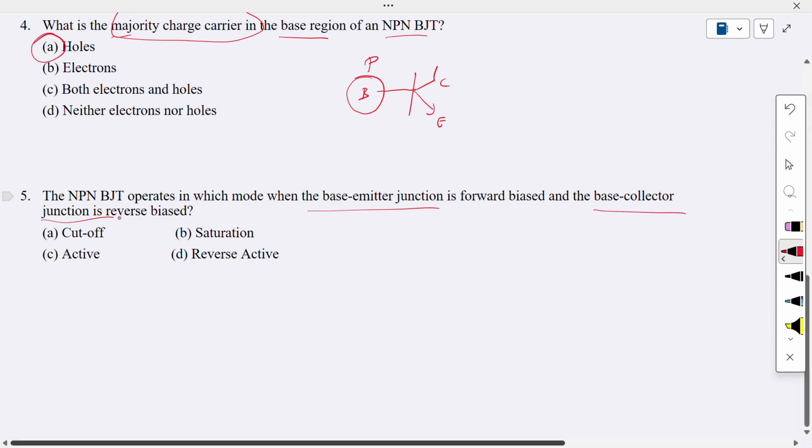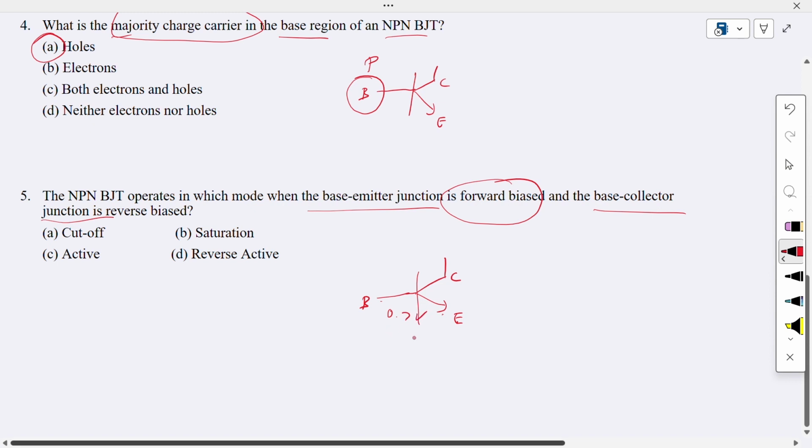Okay, number 5. The NPN BJT operates in which mode when the base-emitter junction is forward biased and the base-collector junction is reverse biased? If we refer to this NPN transistor, here is our base, this is the collector, this is the emitter. Base-emitter is forward biased, which means we turn on the diode, which we know is 0.7 volt.